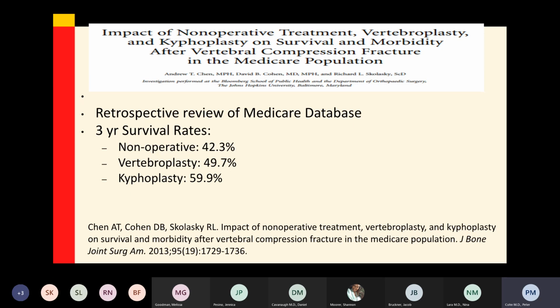But they also found that patients who underwent vertebroplasty or kyphoplasty had increased survival rates compared to those who were treated non-operatively, presumably because these cement augmentation procedures gave some pain relief for the patients and allowed them to mobilize sooner, presumably preventing complications of being stuck in bed, like stasis ulcers and pneumonia and those sorts of things.